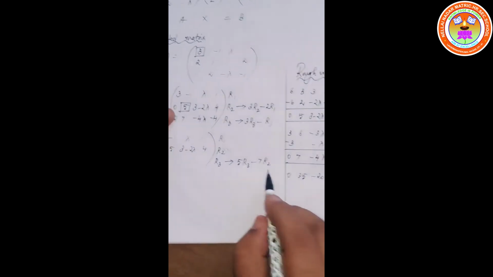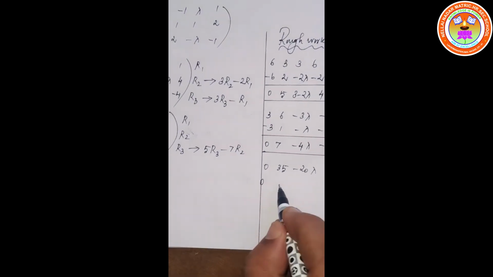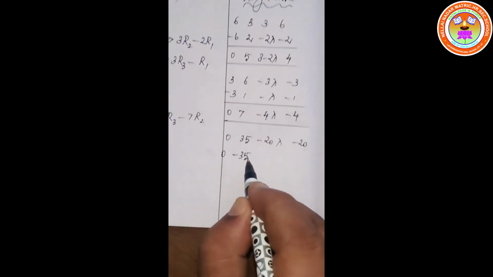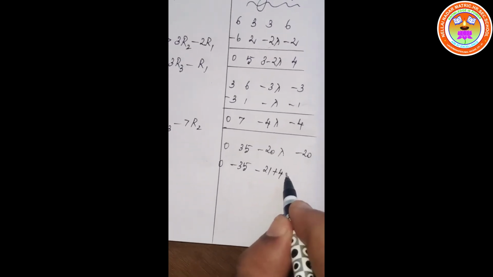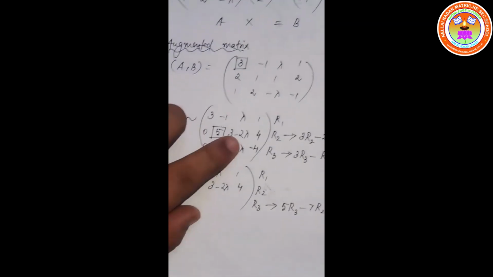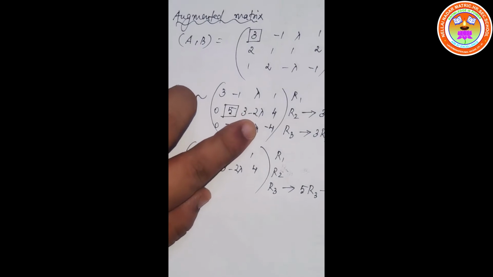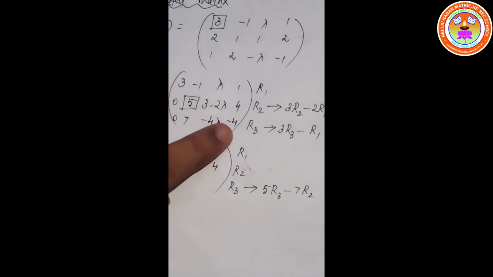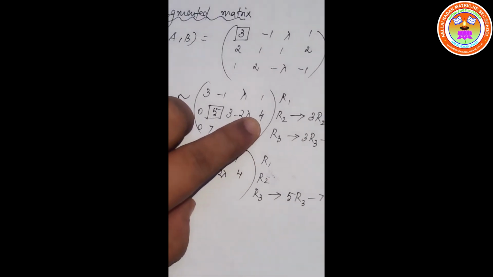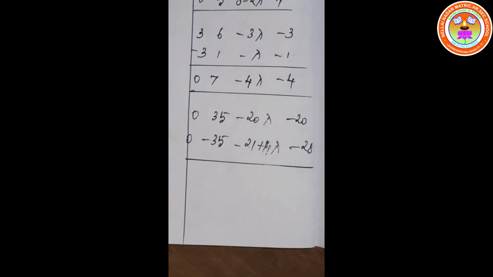Multiply R2 by minus 7. 0. Minus 7 into 5, minus 35. Minus 7 into 3 is minus 21. Minus 7 into minus 2 lambda is 14 lambda, and minus 7 into 4 is minus 28. Okay.